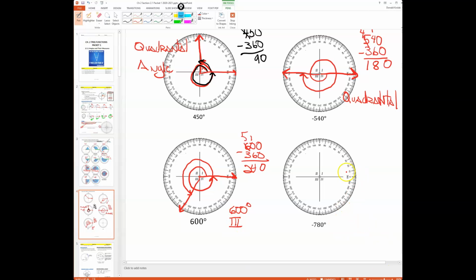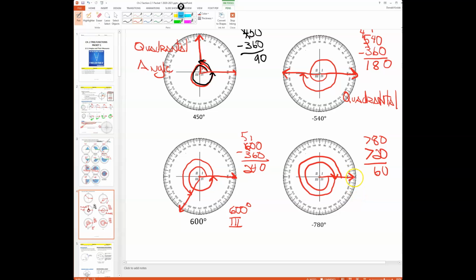Okay, and finally, negative 780. We're going to go clockwise. That would be negative 360. If I go around another time, negative 720. And I need to go an additional 60 degrees.